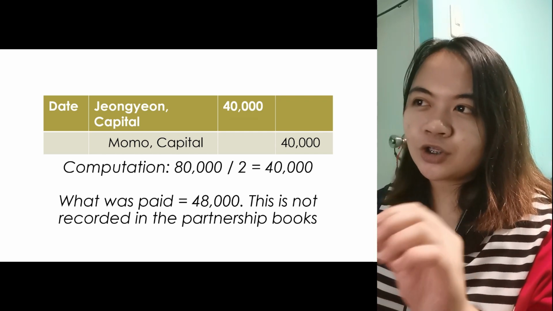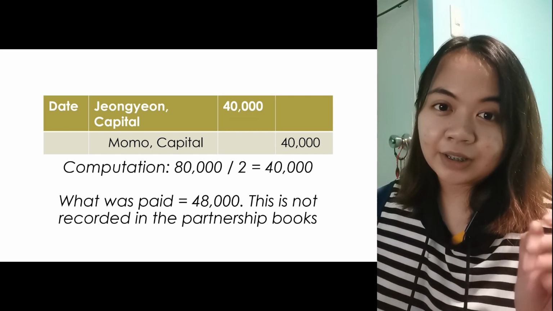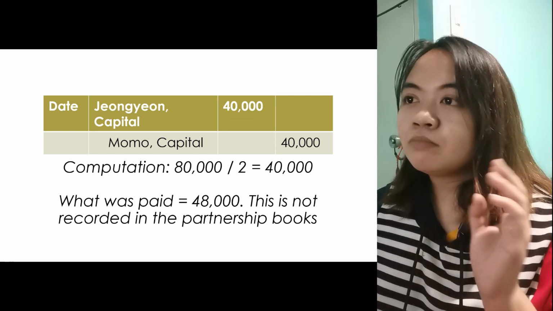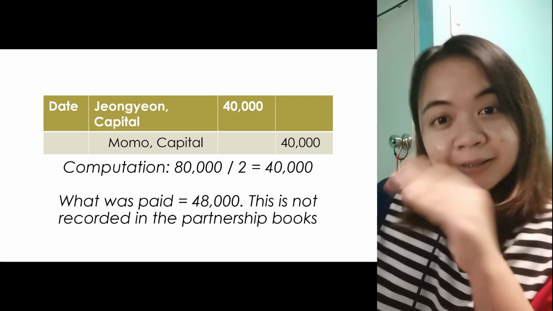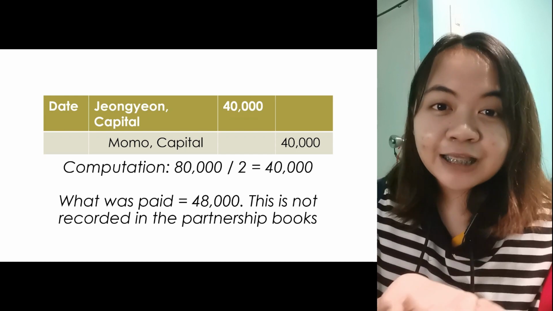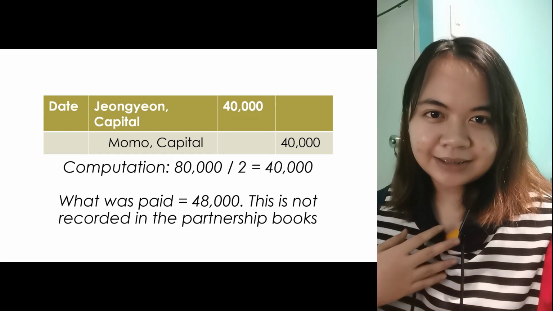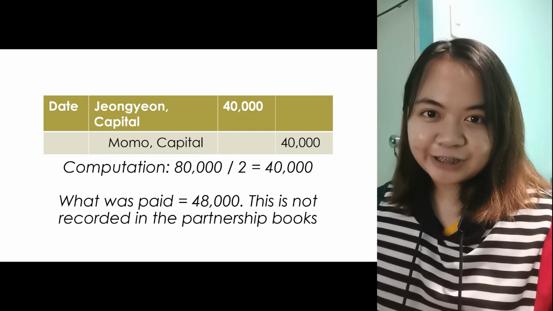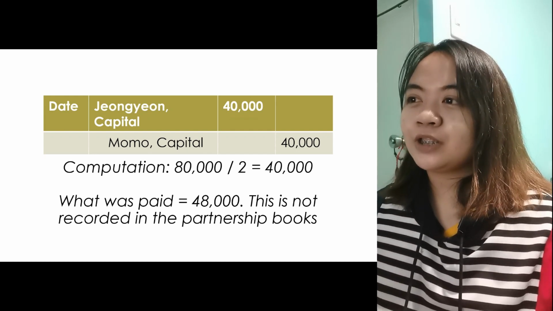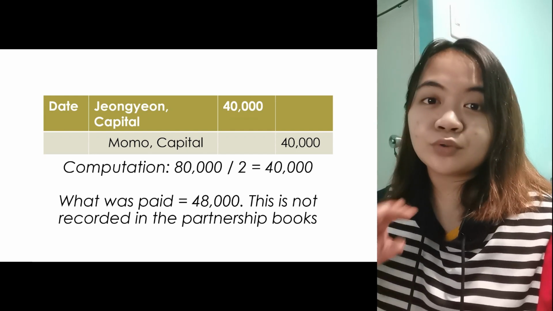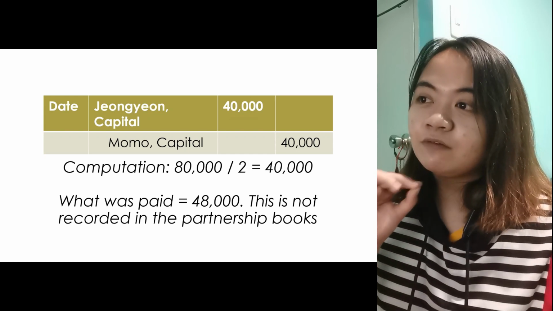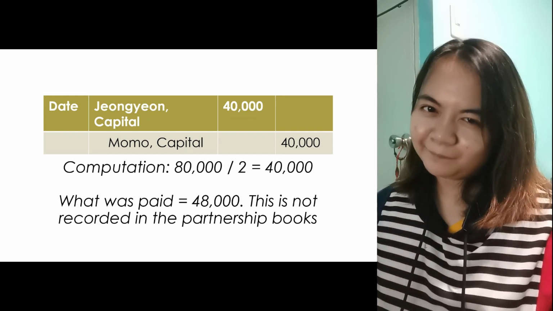Okay, so debit, Jonghyun capital, tanggalan mo siya ng 40,000 kasi kalahati. And then, Momo, papasok na siya. Pag papasok na, i-increase mo, credit mo ang Momo capital. So, Momo capital, 40,000. So, provided ng computation, 80,000 divided by 2. Yung 80,000 is the capital of Jonghyun, divide 2, 40,000.